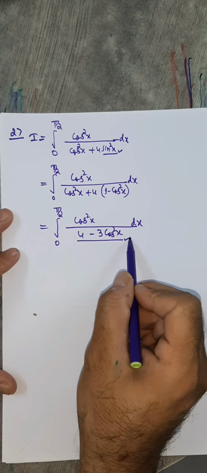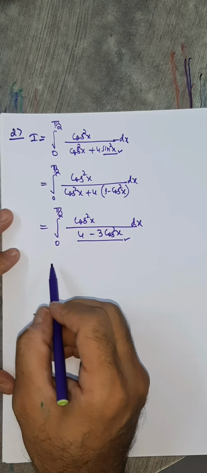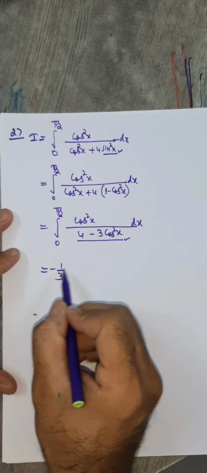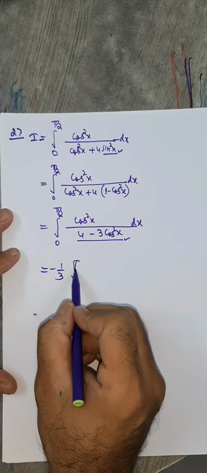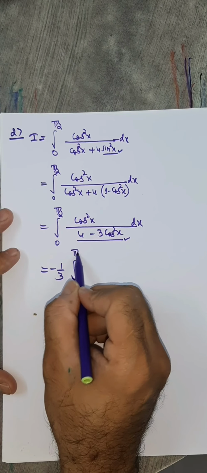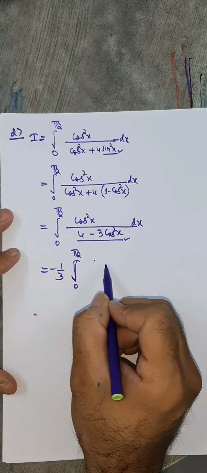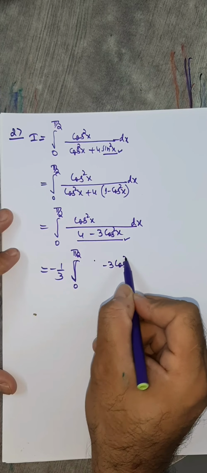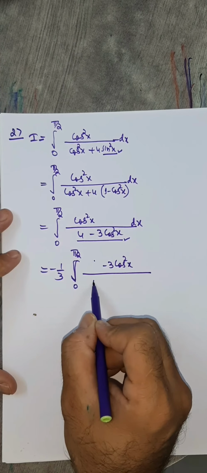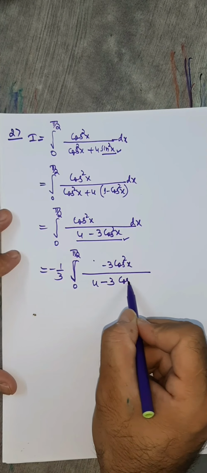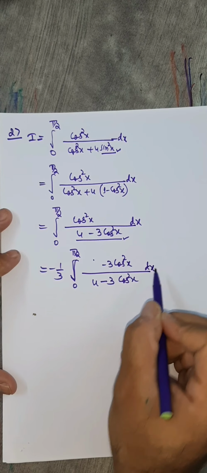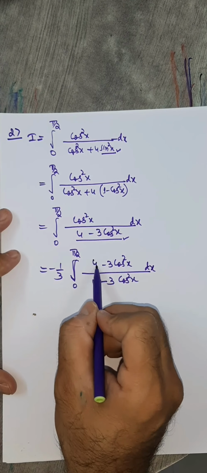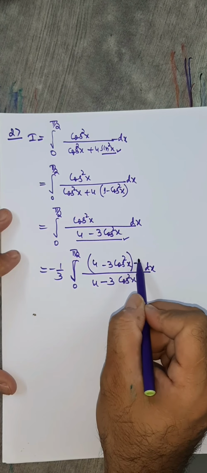Now I'll set this expression over there. I did minus 3, so multiplying and dividing by minus 3. So 0 to pi by 2, minus 3 cos square x upon 4 minus 3 cos square x. I need plus 4, so I'll write plus 4 and minus 4.